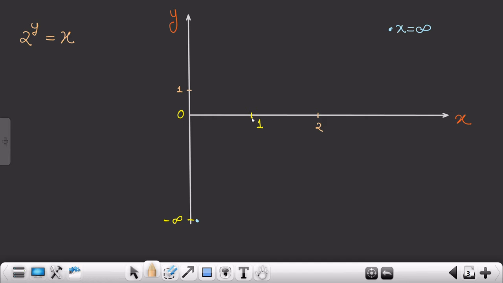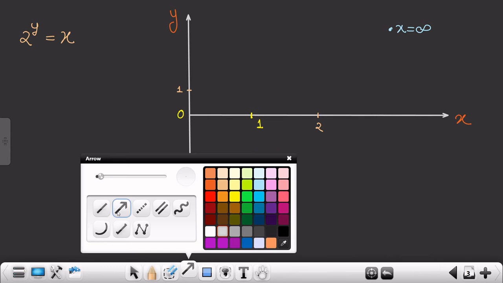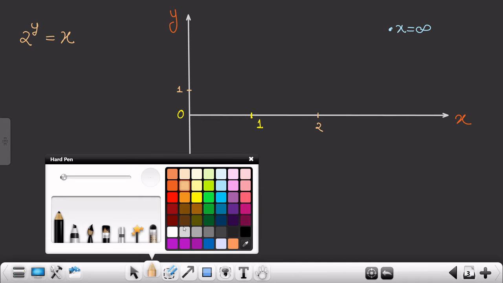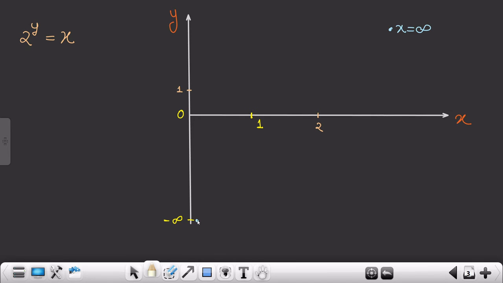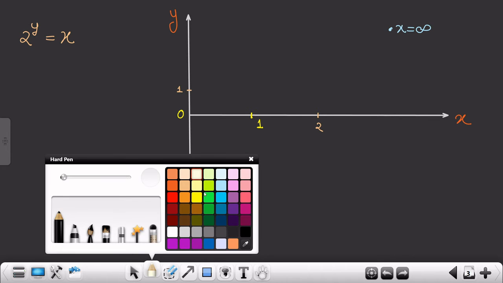Now let's suppose I'm trying to join these particular points, I will get the graph in this way. Just a second, I will take a different color, a little purple color, so it would be easier for you to understand.